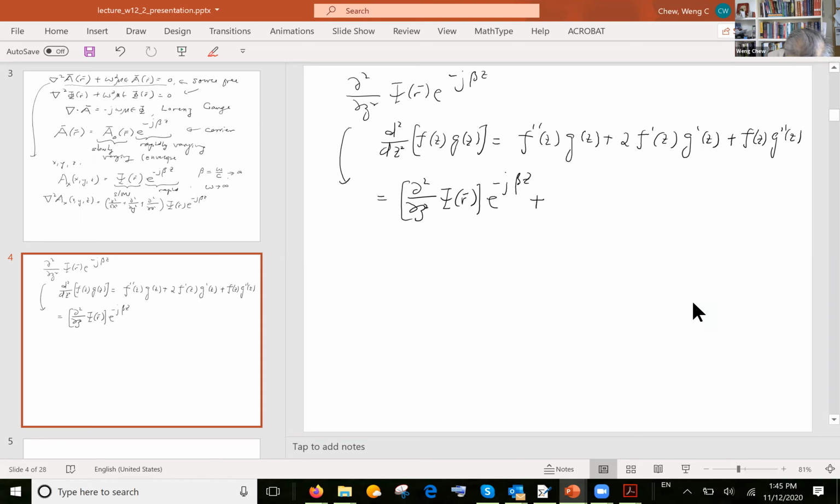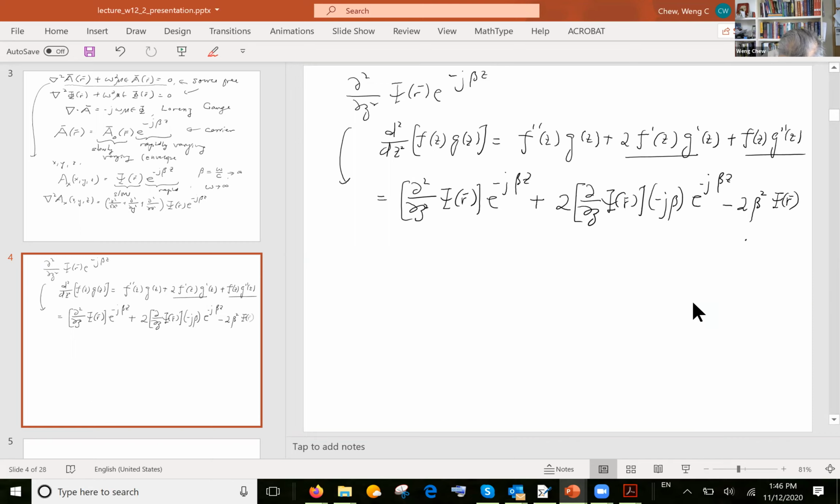Then using this term, I would have 2 partial z psi of r, and then the first derivative of this term, which gives me minus j beta e to the minus j beta z. Then applying that to the last term, I would get something like minus beta squared psi of r times e to the minus j beta z. I will have these three terms.